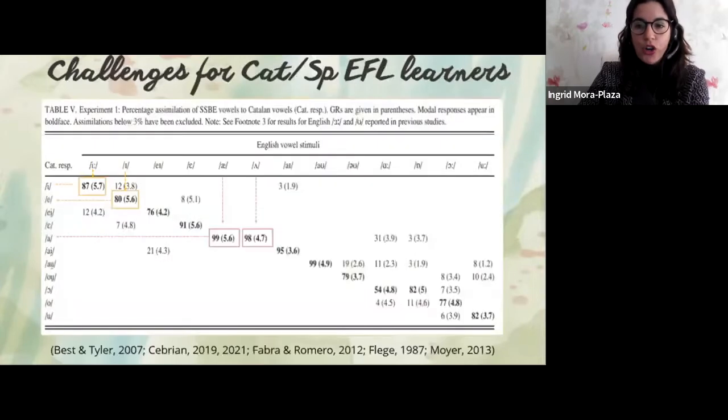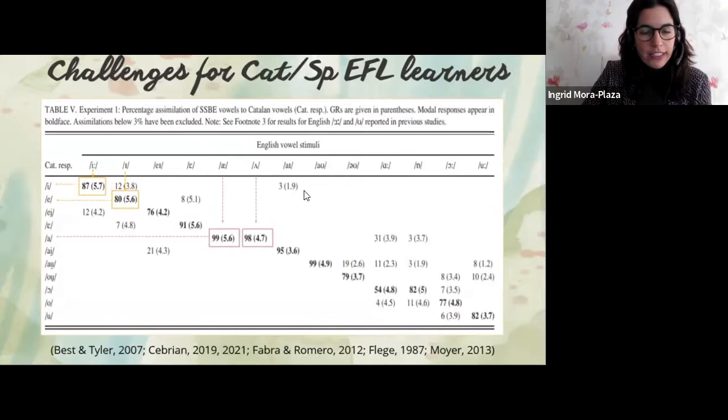Now, research has shown that a major constraint in L2 speech learning is learners' inability to perceptually identify phonetic and phonological differences between L1 and L2. So when a pair of L2 sounds, like these two, are mapped into a single L1 sound category, and both of them are perceived to be equally similar or dissimilar to it, it's extremely difficult for learners to acquire the contrasting sounds.